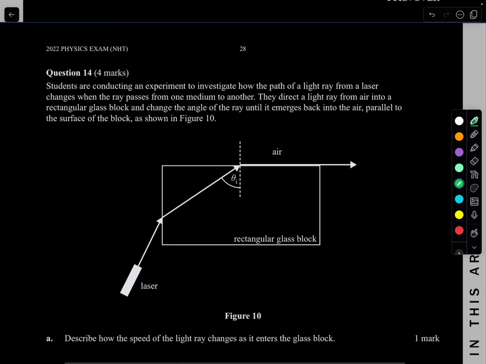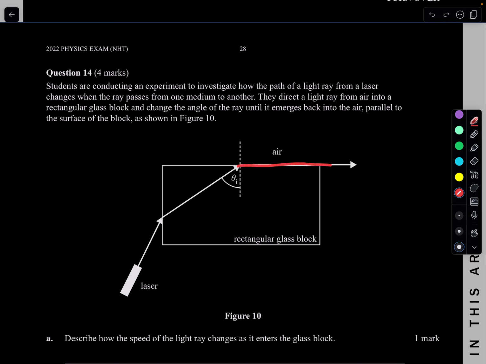Students are conducting an experiment to investigate how the path of a light ray from a laser changes when the light passes from one medium to another. They direct the light from air into the rectangular glass block and change the angle of the ray until it emerges back into the air parallel to the surface of the block, as shown in figure 10. So you can see they've kind of perfectly angled it.